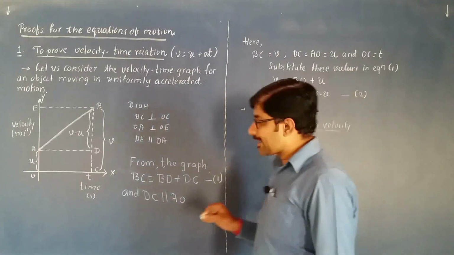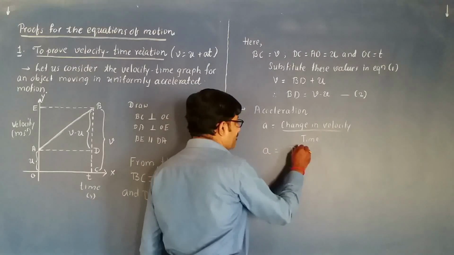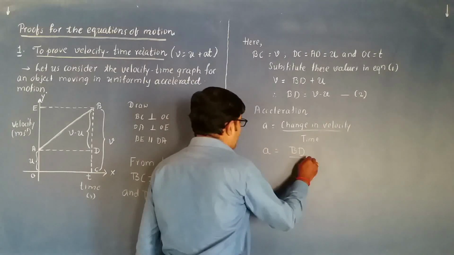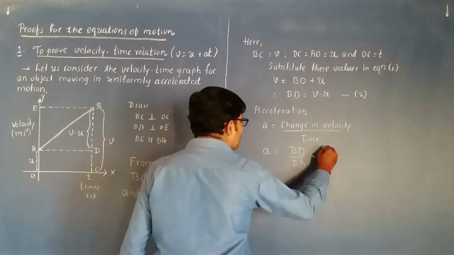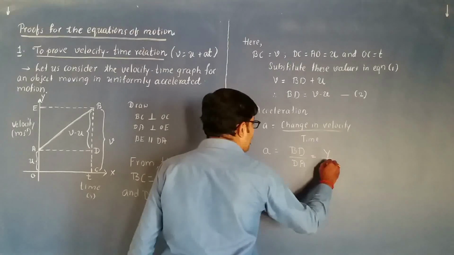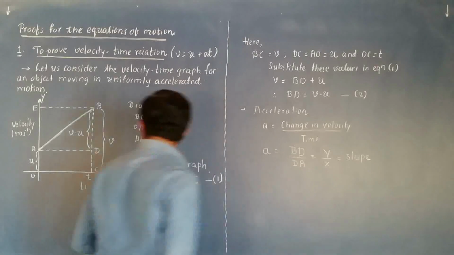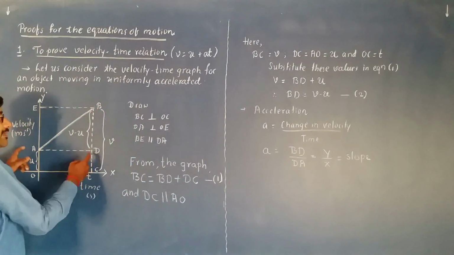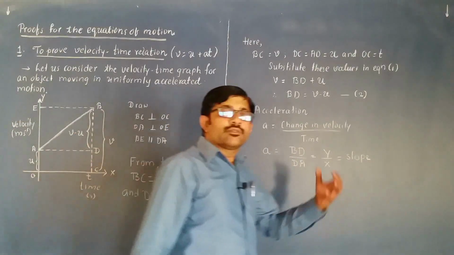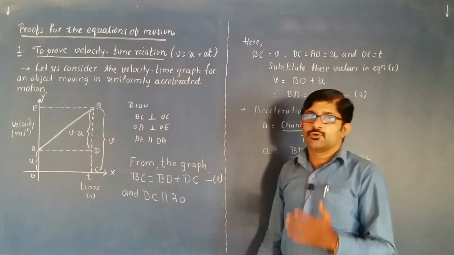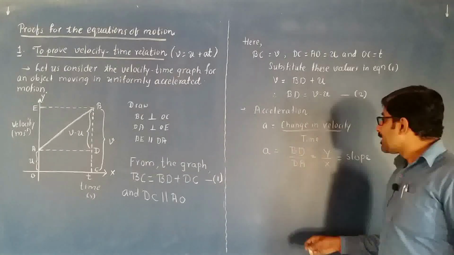So you can write A is equal to BD divided by DA. This is nothing but the slope, y by x, in the graph. That is the slope of the VT graph. The slope of the VT graph gives you the acceleration. Therefore, A is equal to BD by DA.